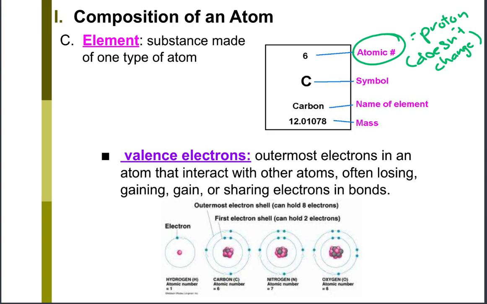And it oftentimes will lose, gain, or share electrons in bonds. And if you're recalling chemistry, the reason why you're doing this is because you're trying to fill the outer shell as much as possible. But as a result, it's going to change the chemical nature of how this atom works.